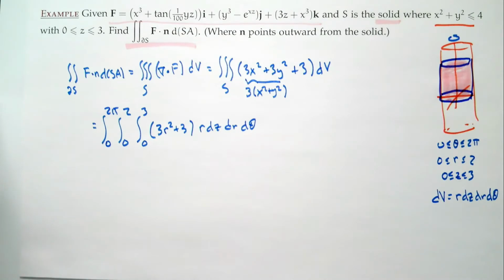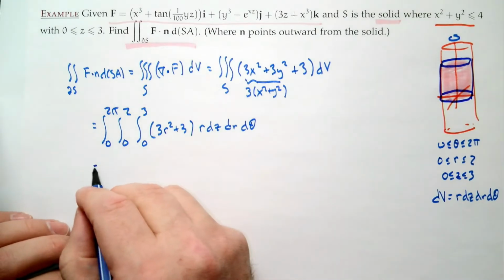Now, at this point, this is the kind of integral that we like. You can do it one layer at a time, and if that's what you prefer, go ahead. For me, whenever I see that all the bounds are constants, I just pull it apart and do each one individually. All the bounds have to be constants in order to do that. If they're not, work through it one layer at a time.